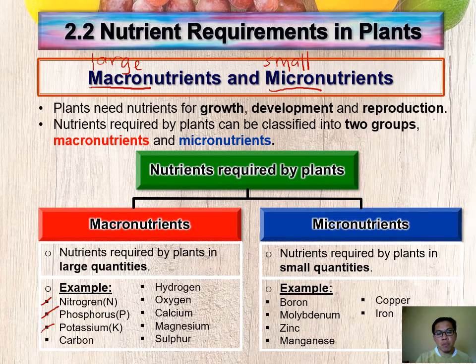And for micronutrients, I suggest you remember zinc, copper, and iron. These are the 3 essential macro and micronutrients that should be remembered by students.